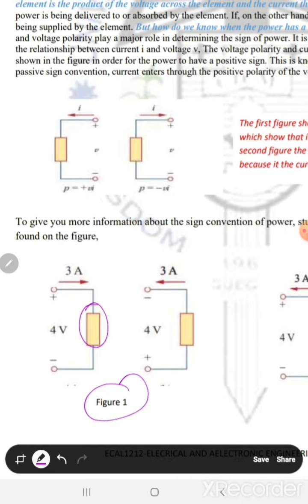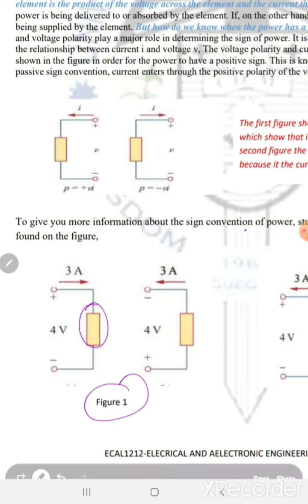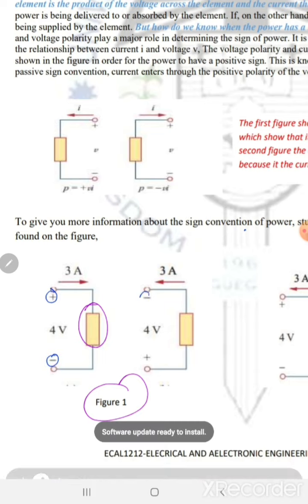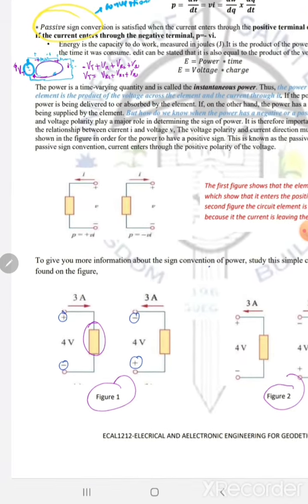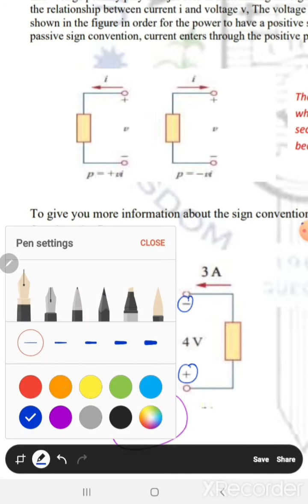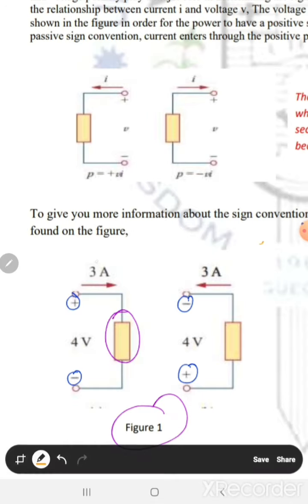Okay? So, our source has your positive and negative signs. We also have negative and positive signs at figure 1. Notice the direction of your current.